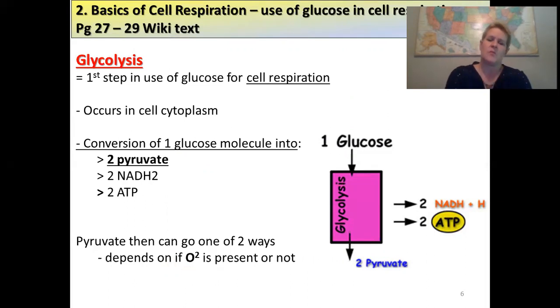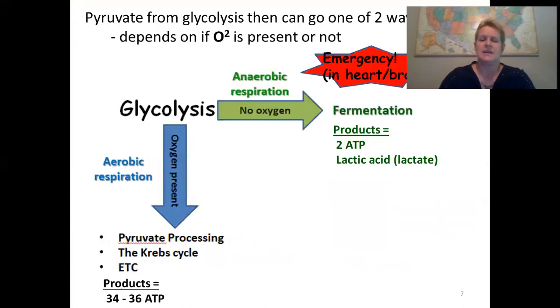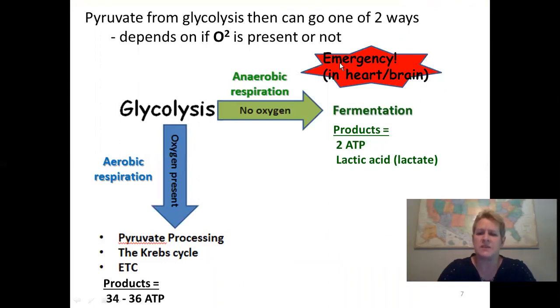So let's follow what happens after pyruvate is made. So this is just to give you some perspective here, okay? Glycolysis produces pyruvate. Pyruvate can go one of 2 directions. If oxygen is present, it'll go this way.